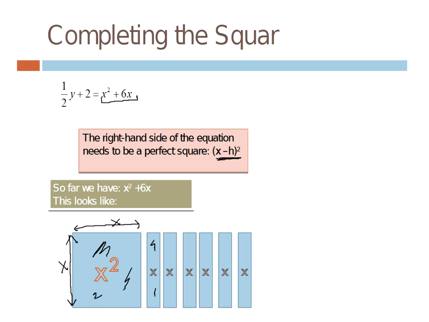Here you have areas of x, and the reason for that is because, again, this side length is x, the same as this one over here, but this side length is 1. And so 1 times x gives us this x value, and we have 6 of those. So we need this shape to be a perfect square. And of course it's not, or at least not yet.